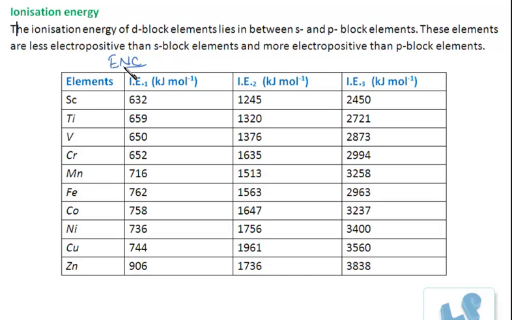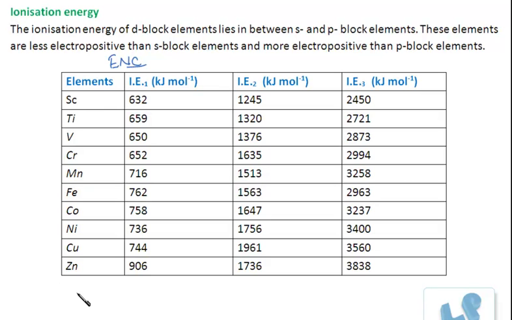This effective nuclear charge in turn depends upon the size, of course, and also the shielding effect or screening effect. The more the screening effect, the less the effective nuclear charge and the less the ionization energy. Now these elements lie between s and p block elements.